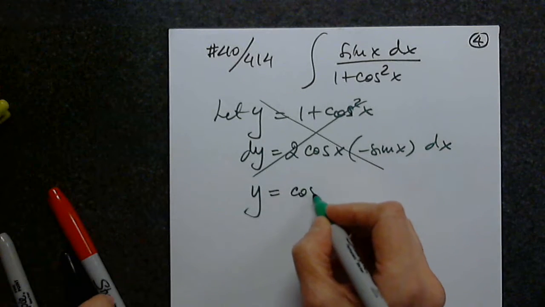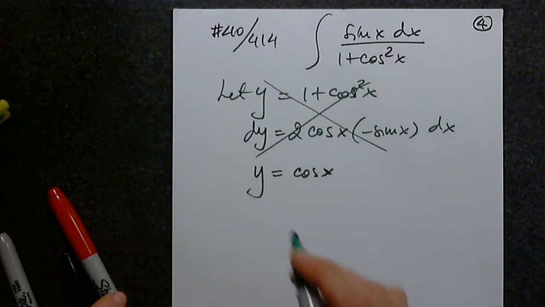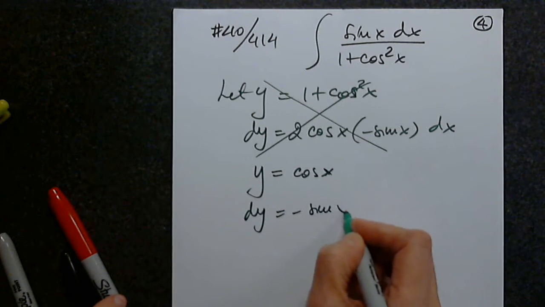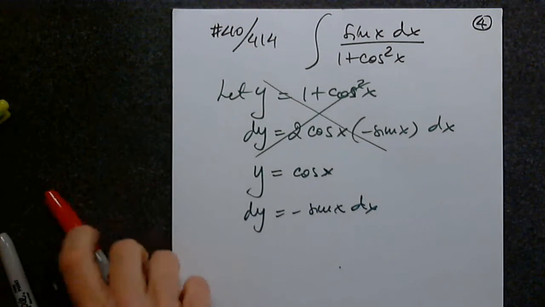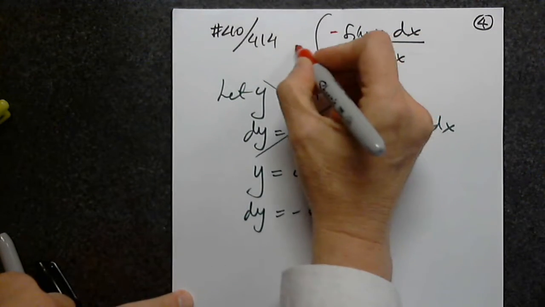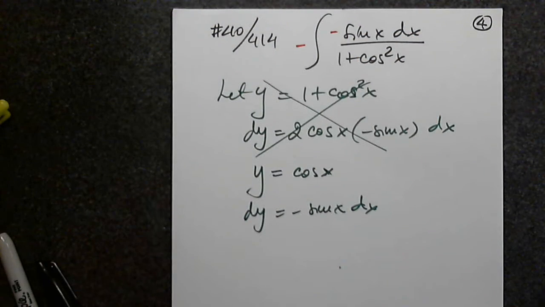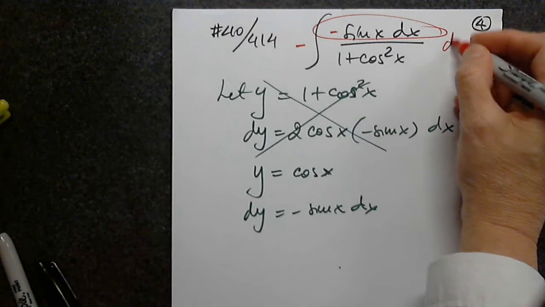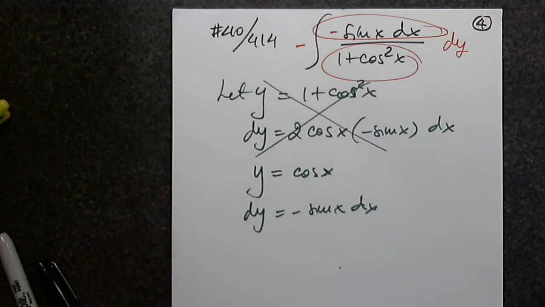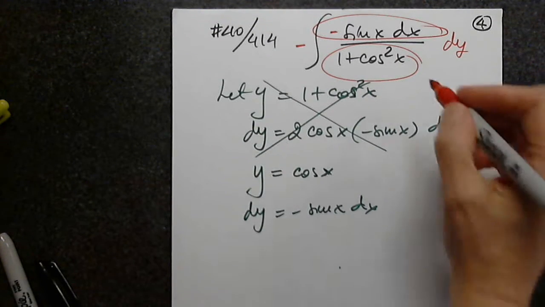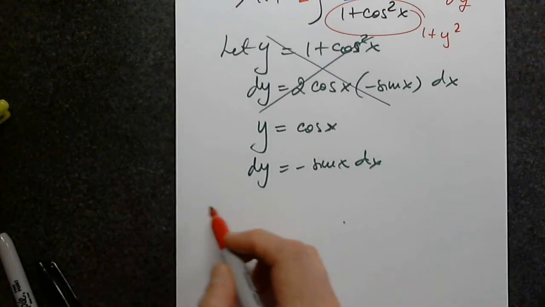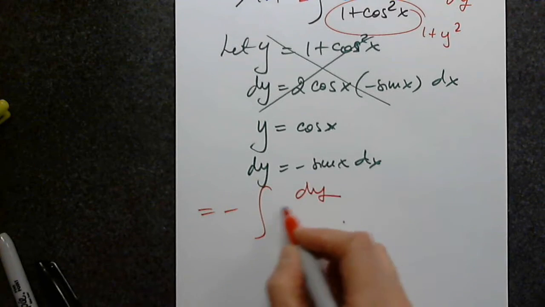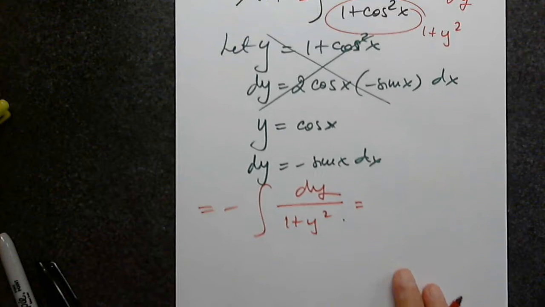Just cosine, because dy will be negative sine x dx, and that's not a problem to make the negative, multiplying by negative 1 twice. So this is negative, the integral of dy over 1 plus y squared. This I know.